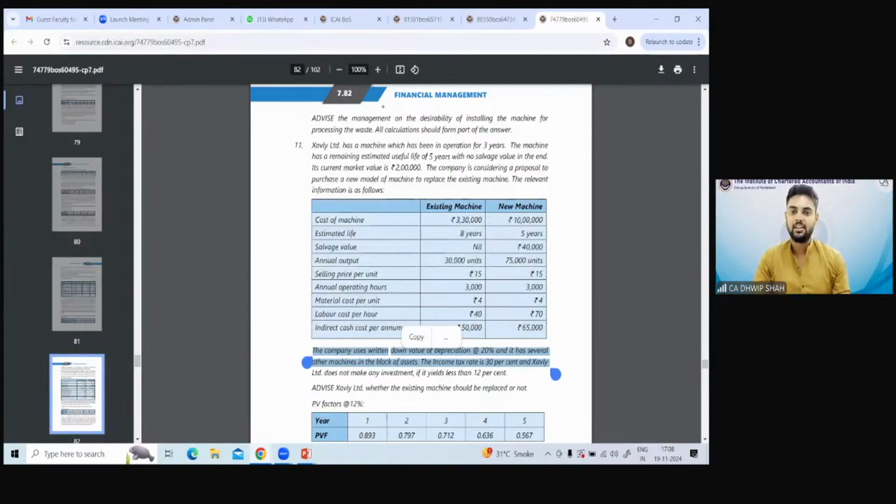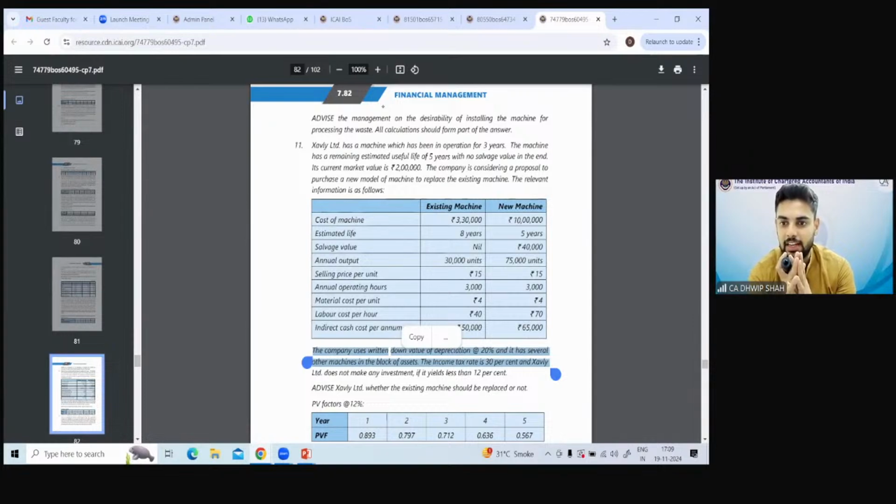And second, they are giving some information on block of assets. So when the block of assets terminology appears in FM, you should directly connect it with taxation. Even in taxation, to calculate depreciation, we used to follow the block of asset method. Yes or no? The same method in this question we will follow using block of assets.